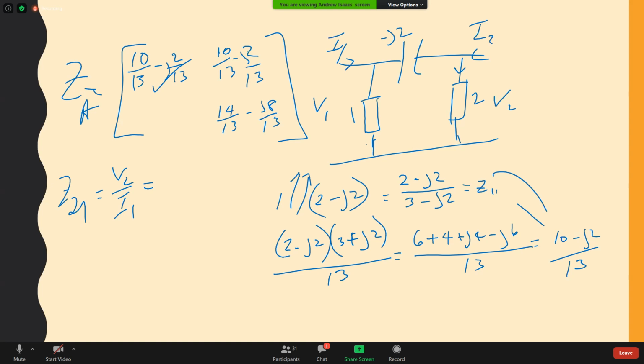So go again. So I got 1 minus 2J. Why is it 1 minus? What are you multiplying? Why are you subtracting? I'm finding the current across.